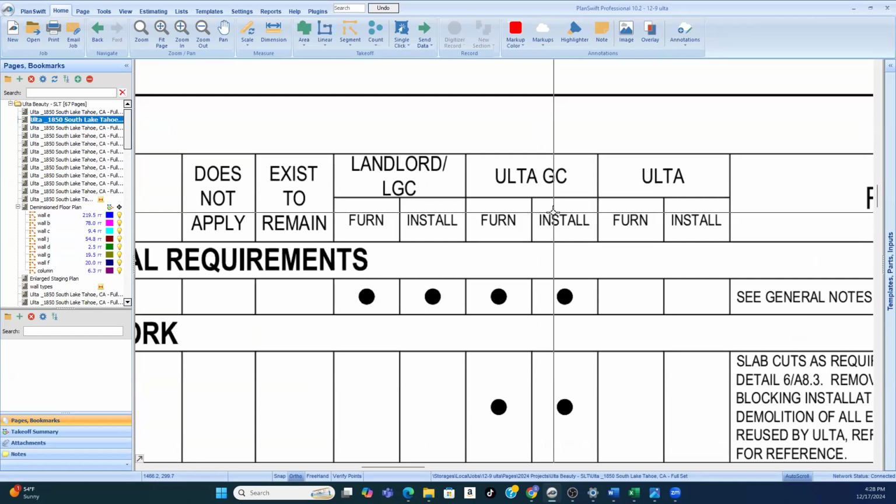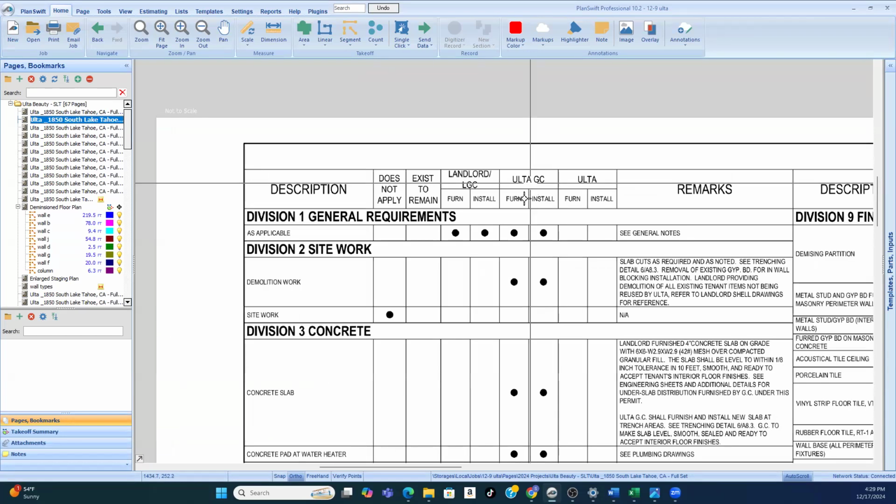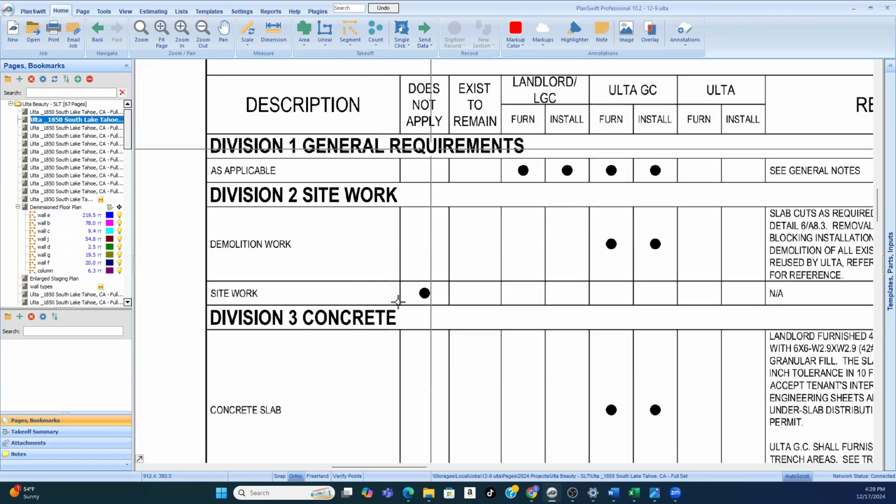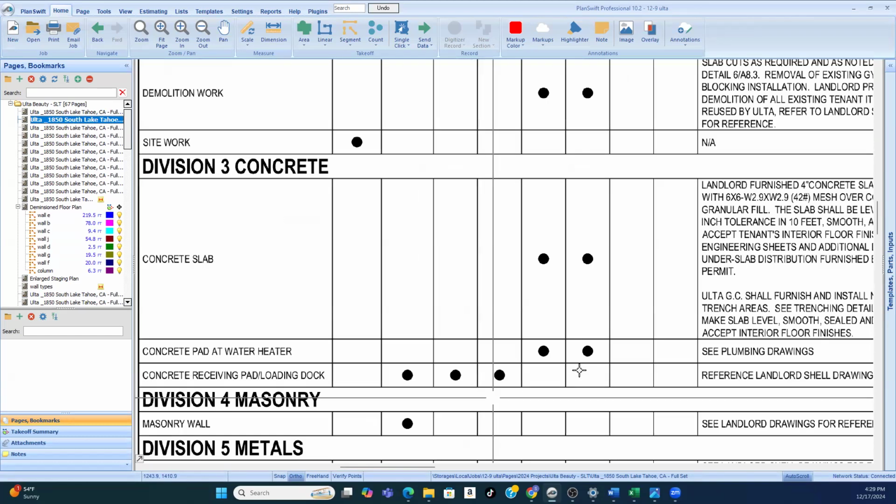It'll never say GC subs or whatever. So when you see that, that's the subs that the GC is going to try to hire. Okay, so for demolition work, there'll be a sub to do all of the demo work, and site work doesn't apply here. And that's how you read that.